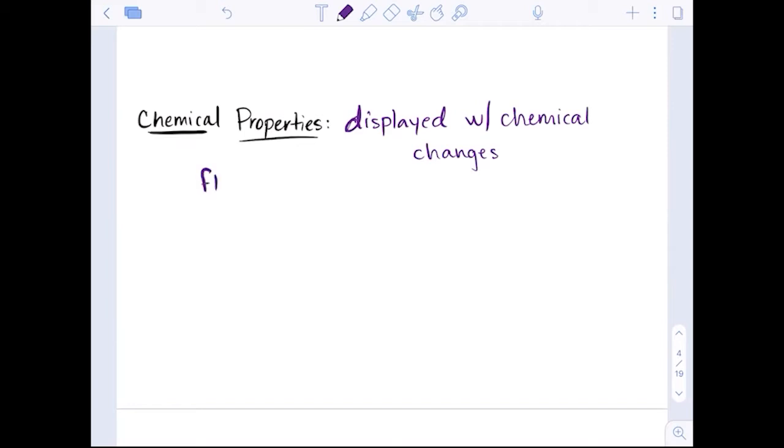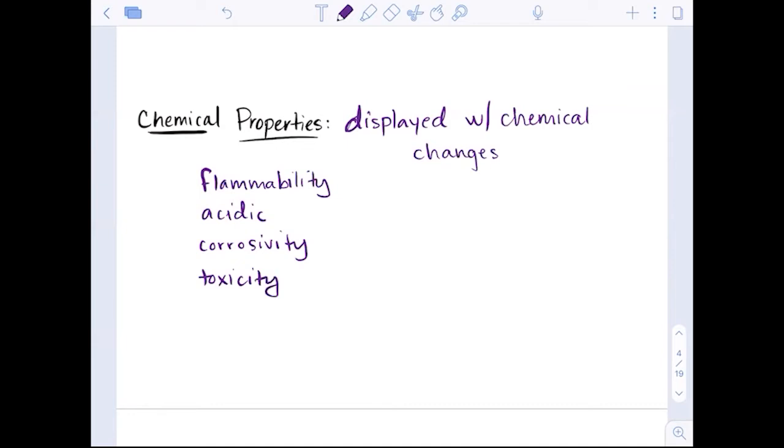Things like flammability, things like acidity. We're going to discuss acidity or being acidic in Chapter 8. Corrosivity, toxicity. These are just some to name a few.